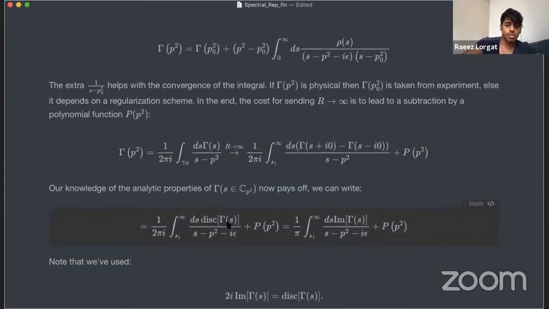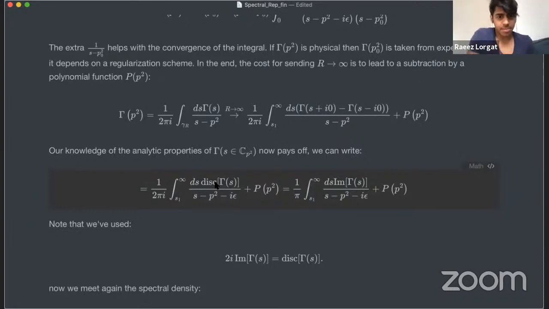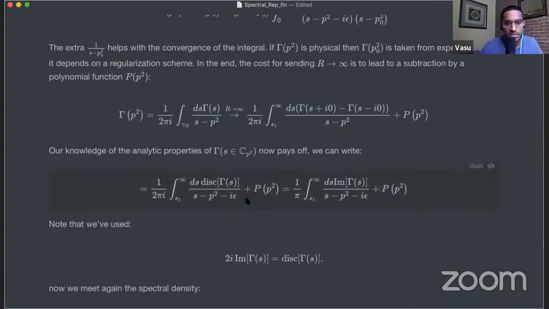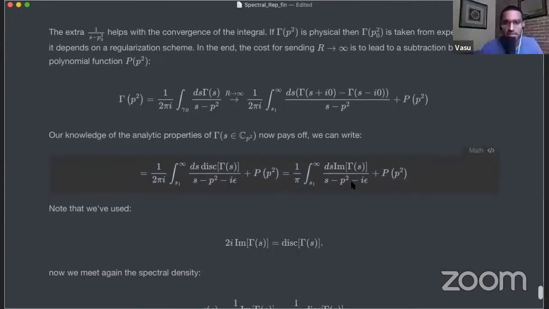Which in turn, because of the Schwarz reflection property, is that what it's called? The property that if the function is real along the real axis, and it's analytic, that means that anywhere else it should satisfy f of s equals f star of s star, right? The discontinuity in the 2-point function is just given by 2i or minus half i times the imaginary part. Proportional to this imaginary part, exactly.